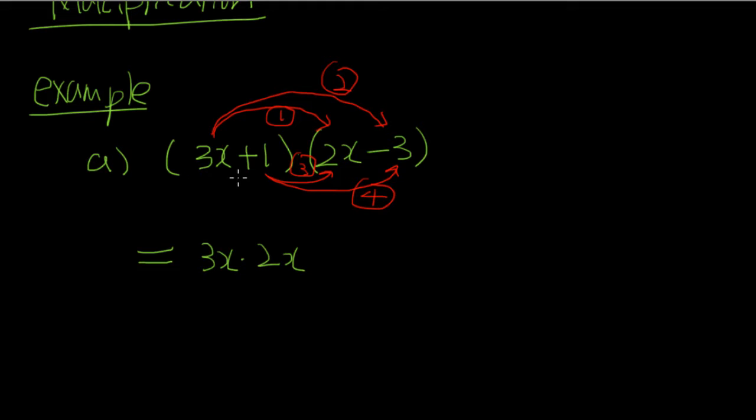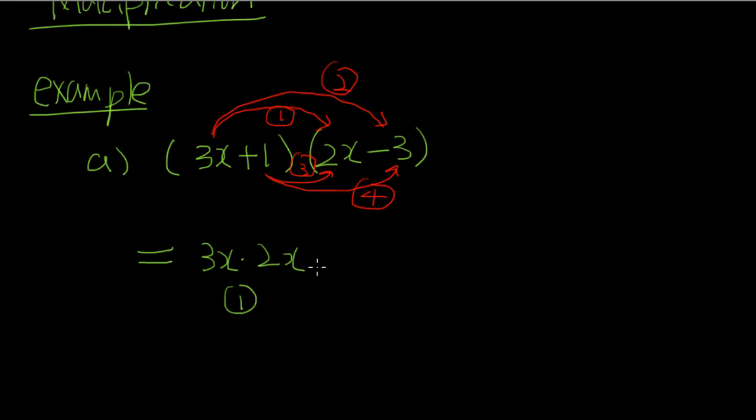Now 3x, this was the first operation right there. Now 3x times negative 3. So you know the positive 3x times negative 3. Well, that might be confusing, so let me take it back.